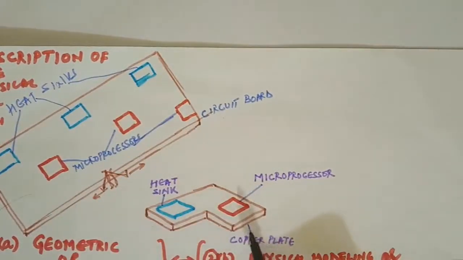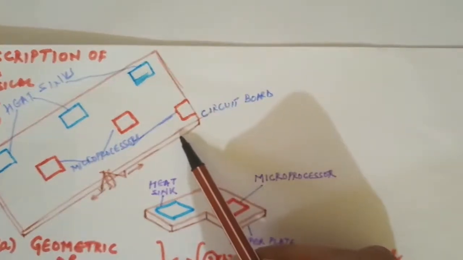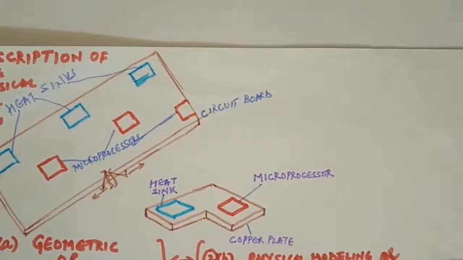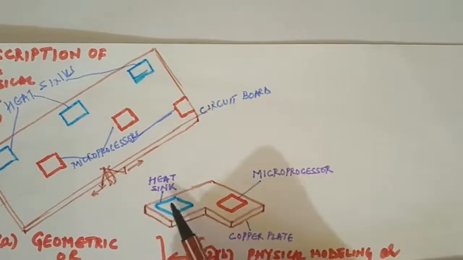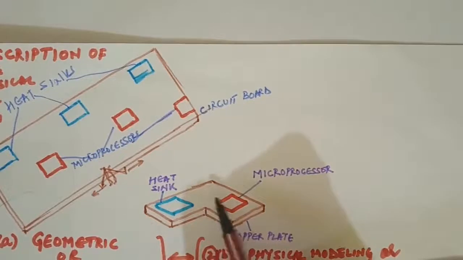Now, to simplify the physics itself, because this is a copper plate and the thickness of this copper plate is small compared to the entire dimension of the circuit board, we can understand this periodic structure as two-dimensional, because if this thickness is very small, then there will be negligible temperature gradients in this direction. So we do not analyze this system in this vertical direction. We only need to analyze the system in this plane.